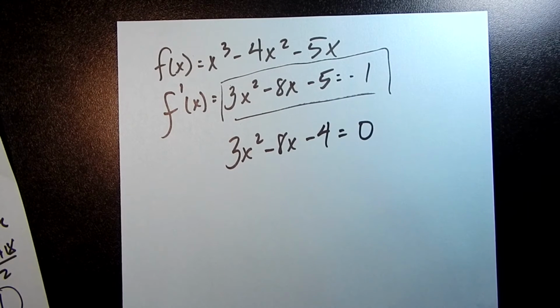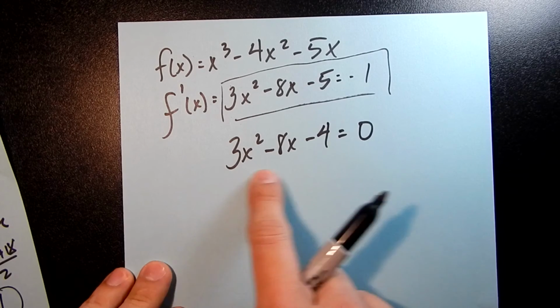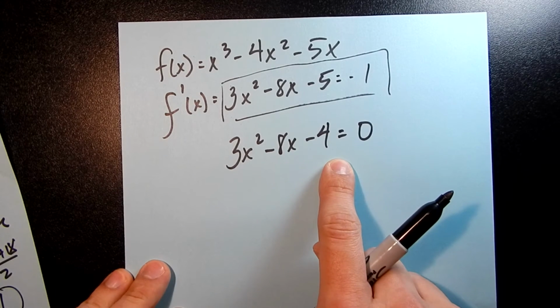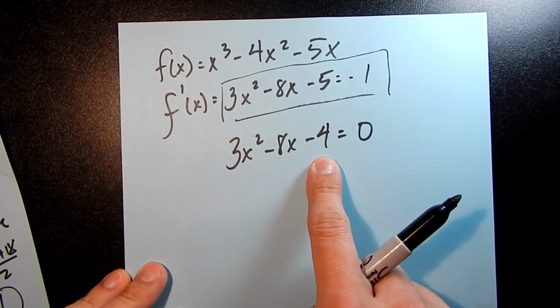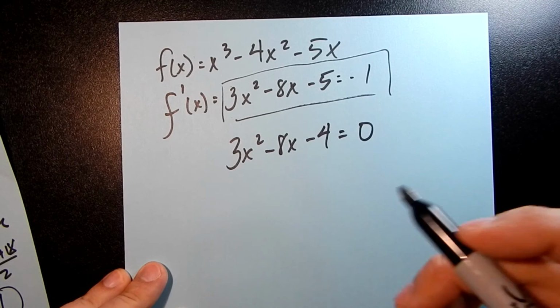Now this, again, is another situation where we might be unsure of how to proceed. This is just a quadratic. We've been solving quadratic stuff since Algebra 1. So we can just use the quadratic formula. Hopefully you remember that.